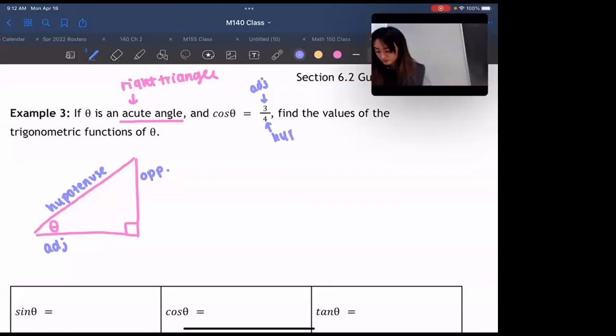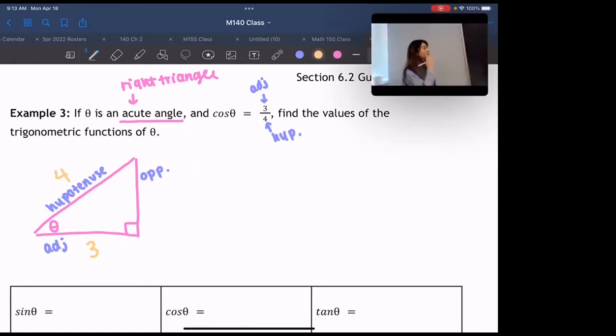Awesome. Okay, so since the cosine is the adjacent side over the hypotenuse side, I guess the adjacent is length 3. Let me draw this out here. And the hypotenuse is length 4. Does everyone see how I got that?